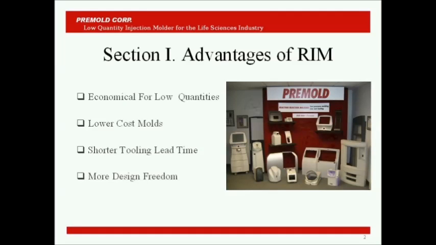The picture on this slide illustrates enclosures and housings molded for the life sciences industry. Reaction injection molding is well suited for medium and large-sized enclosures in low quantities, and RIM resins are formulated to provide good part stiffness and impact resistance for these applications.